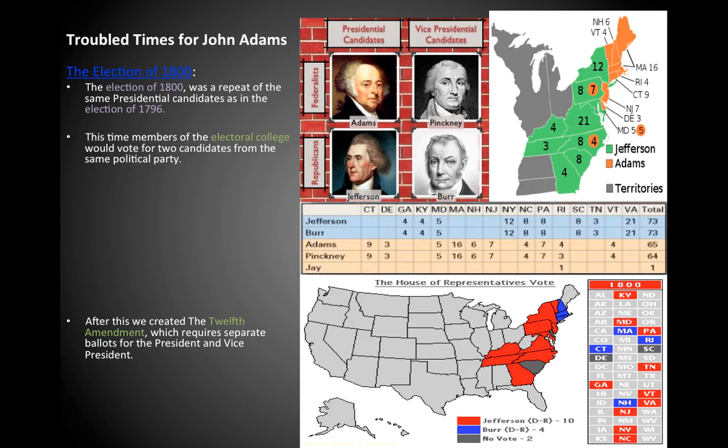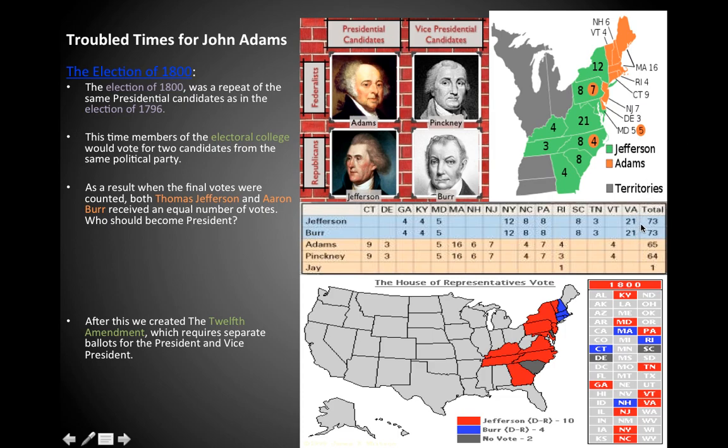the Democratic Republicans. Now, this time, members of the Electoral College would vote for two candidates from the same political party, not two candidates. Right? They had to be from the same political party. But when they voted, again, with the majority of the support shifting towards the Democratic Republicans, both Thomas Jefferson and Aaron Burr, because they were from the same political party, got the same number of electoral votes.